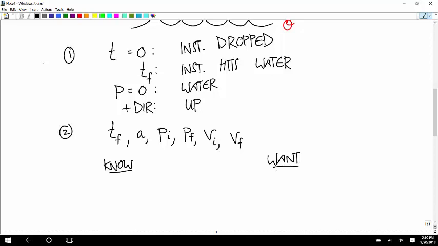Do we know the time in seconds corresponding to the instant that we're calling time final? Yes, we do. That's given, so this is equal to 1.2 seconds. Do we know the acceleration? Yep, it's free fall, so that's going to be 9.81 meters per second squared down. Up is positive, so down is negative. So the acceleration is negative 9.81 meters per second squared. And if you always choose your positive direction up, that acceleration is always going to be negative.